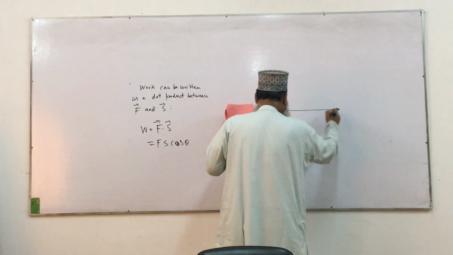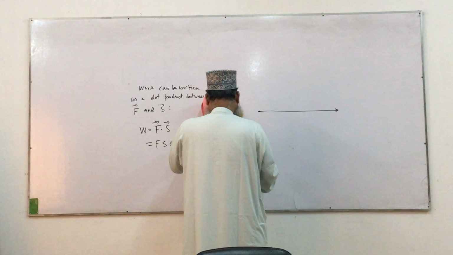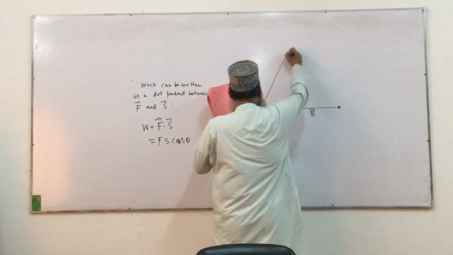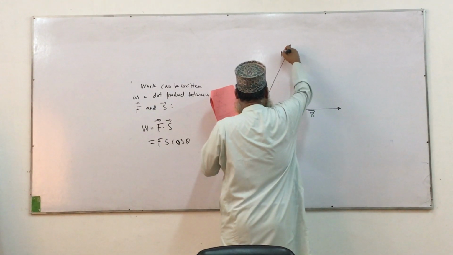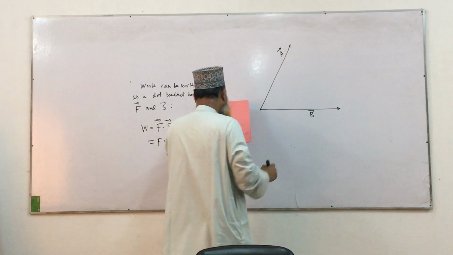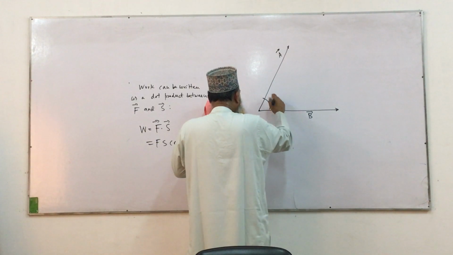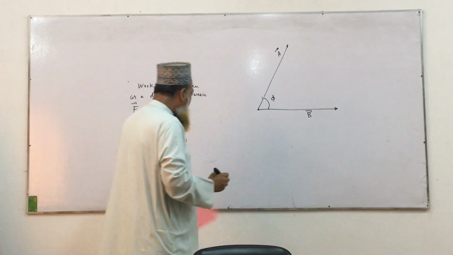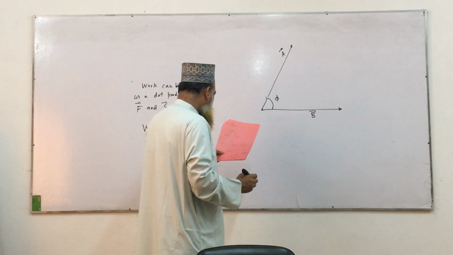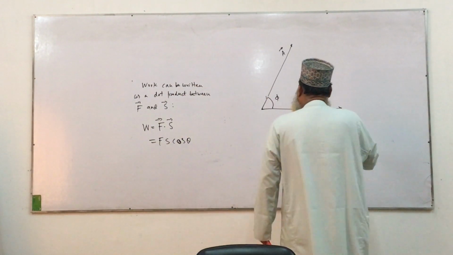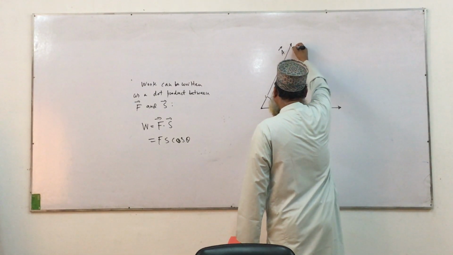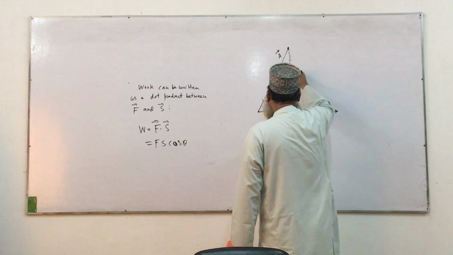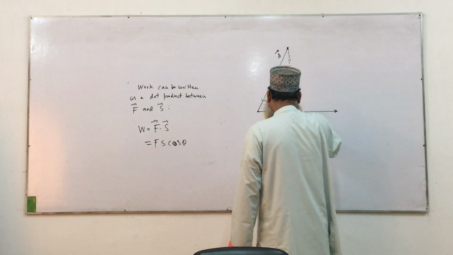Here is a vector. Say this is B vector. Here is another vector. Say this is A vector. The angle between them is phi. What is the component of A along the direction of B? This.